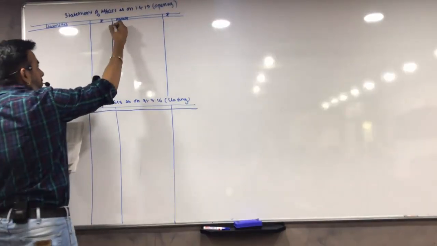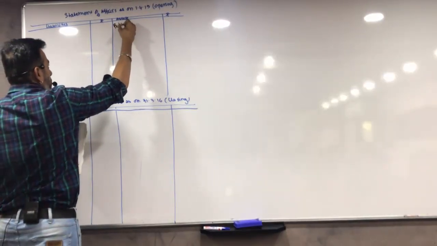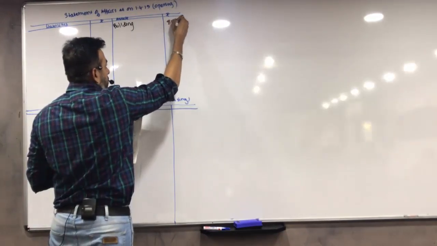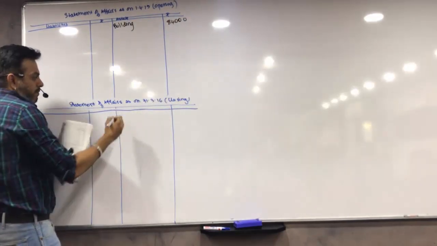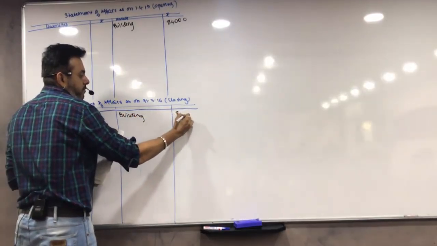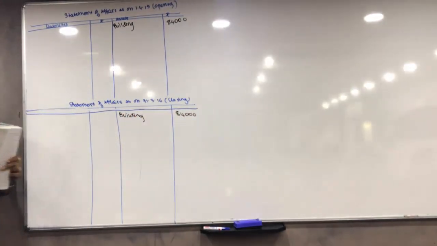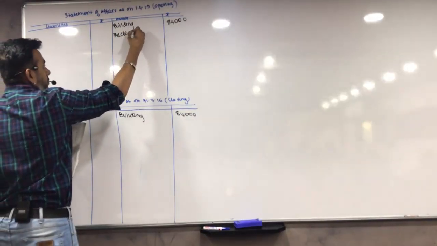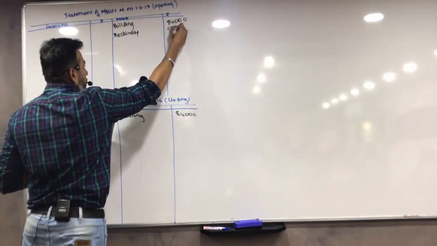Building, 84,000. Building closing also 84,000. Then machinery, 50,400.